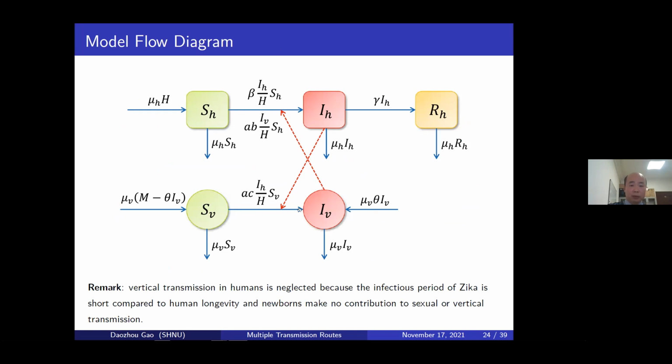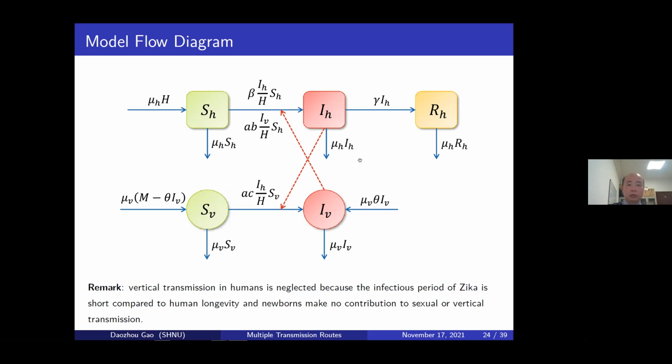The mosquitoes can become infected only by mosquito-borne transmission or by vertical transmission. The parameter theta is the proportion of congenital infections in the offspring of infected female mosquitoes. So this is for the vertical transmission.